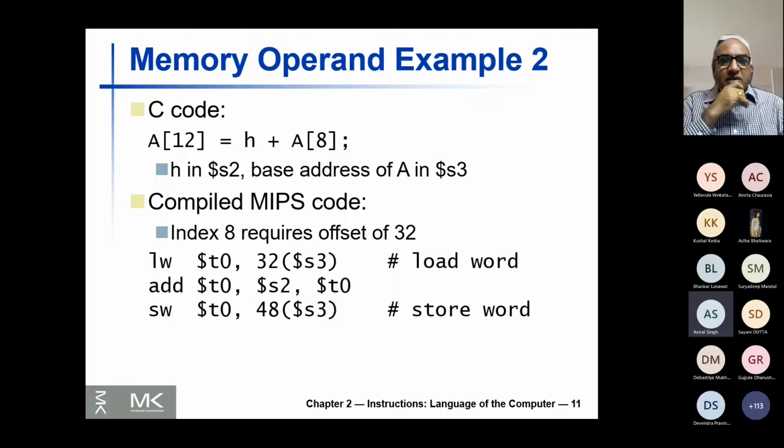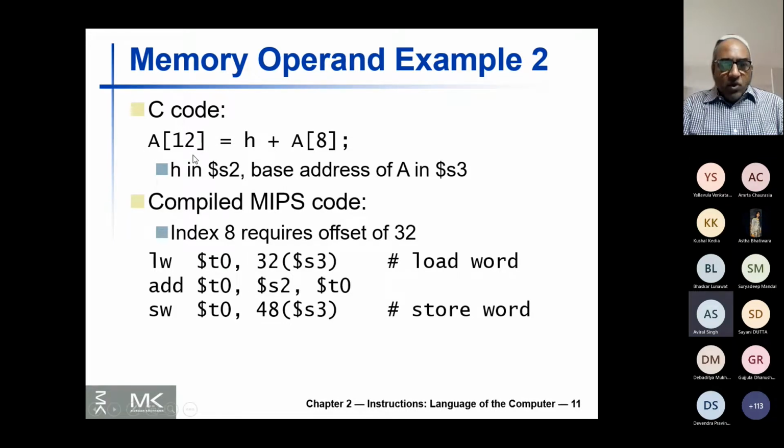Sir, then 48 brackets S3 should come first, no? No, that 48 brackets S3 is nothing but the location of A12.